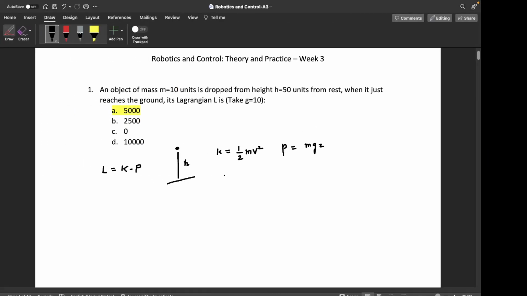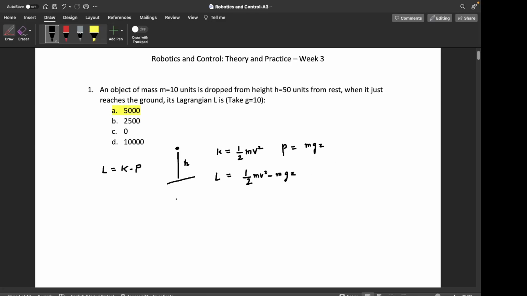So the Lagrangian will be half mv square minus mgz. Now we have to compute this value when the mass hits the ground. So at that point z will be equal to 0.